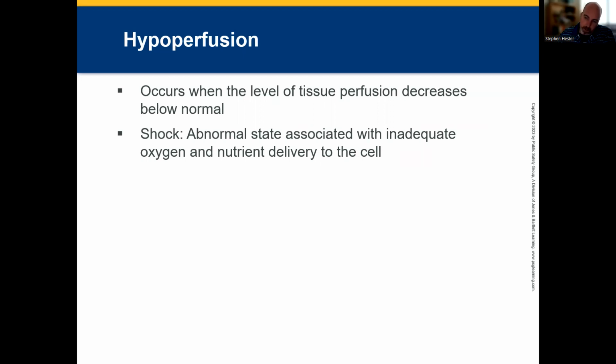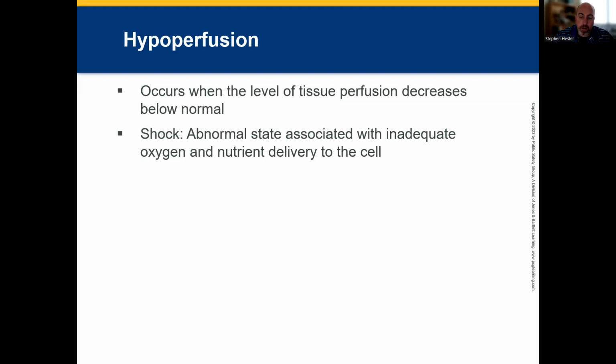So hypoperfusion occurs when the level of tissue perfusion decreases below normal. When blood pressure drops and heart rate drops, the body's response is catecholamines, which are epinephrine and norepinephrine. This produces increased strength of cardiac contraction. Your heart starts pumping harder, with an increased pulse rate, because it's trying to make homeostasis normal again.